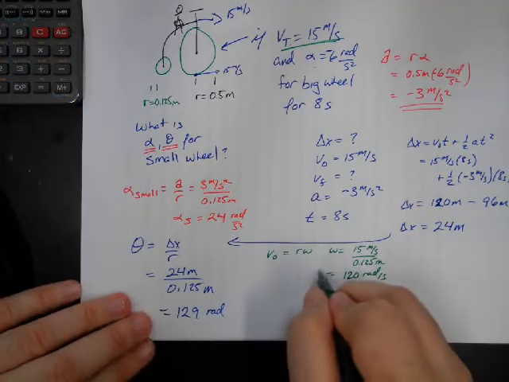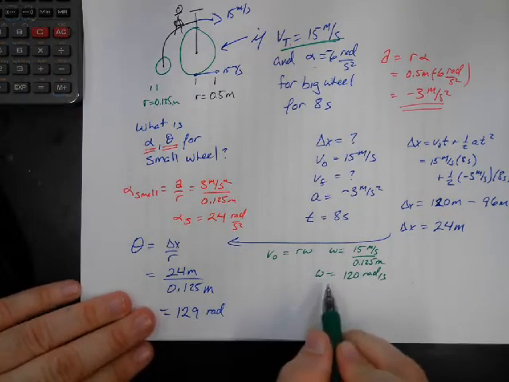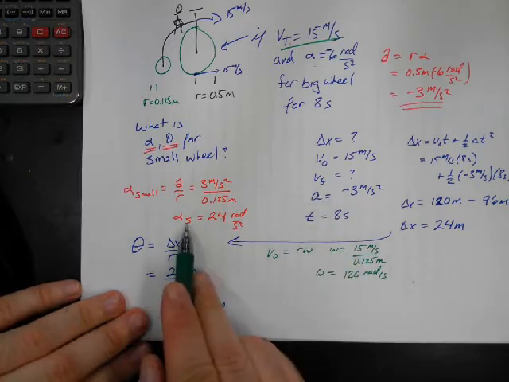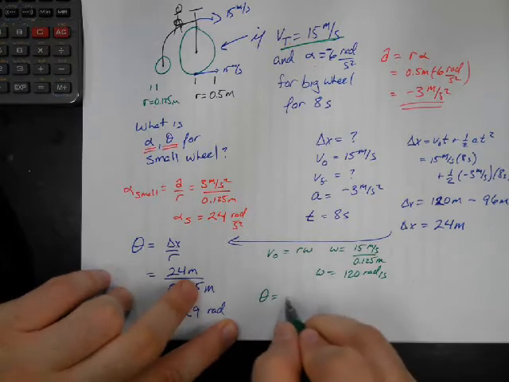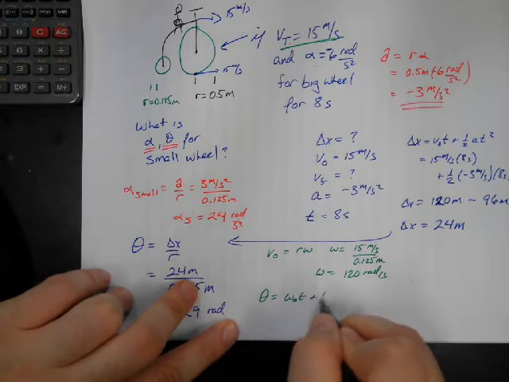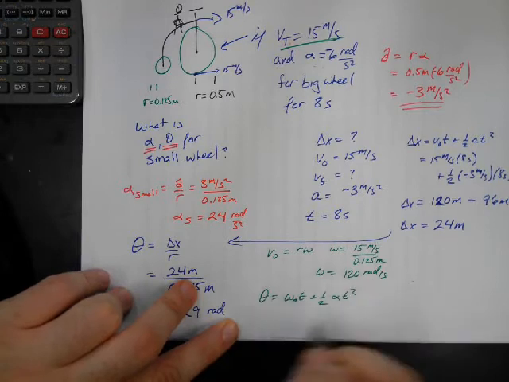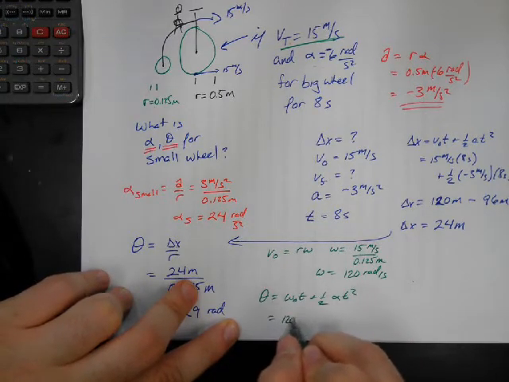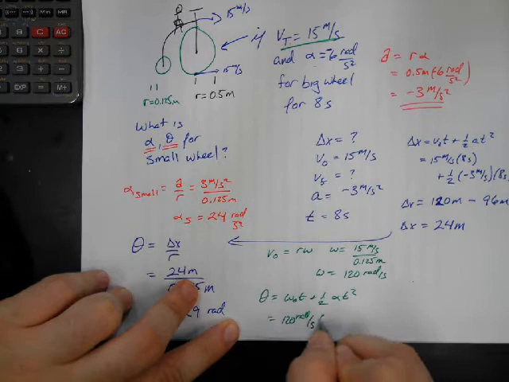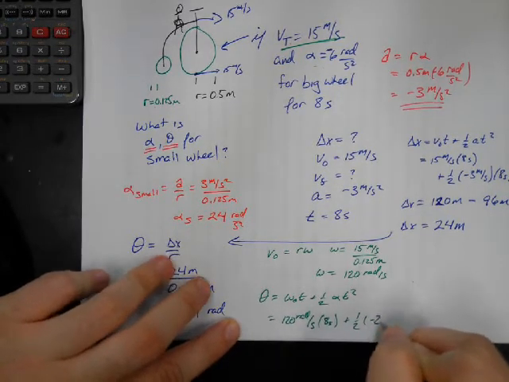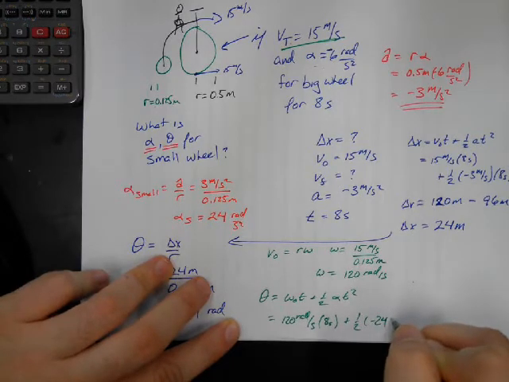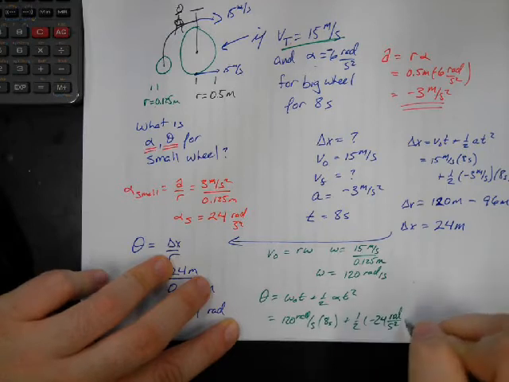And so we have omega initial is this, omega final we don't know, but we know the acceleration. We're basically going to do the same math. We're going to do theta is omega initial t plus 1/2 alpha t squared. And so we have 120 radians per second times 8 seconds plus 1/2 times minus 24 radians per second squared times 8 seconds squared.